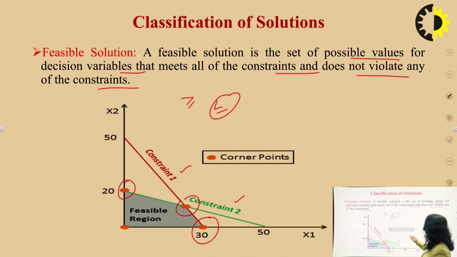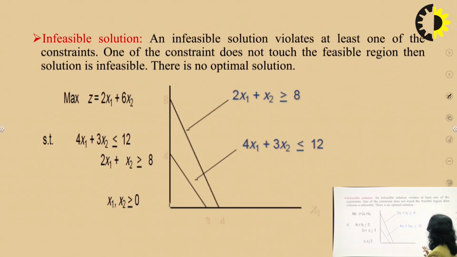Here we will get the values of the decision variables which are not violating any of the constraints. So this is basically the feasible region, and we will get the solution from these 3 points. So this is the feasible solution.